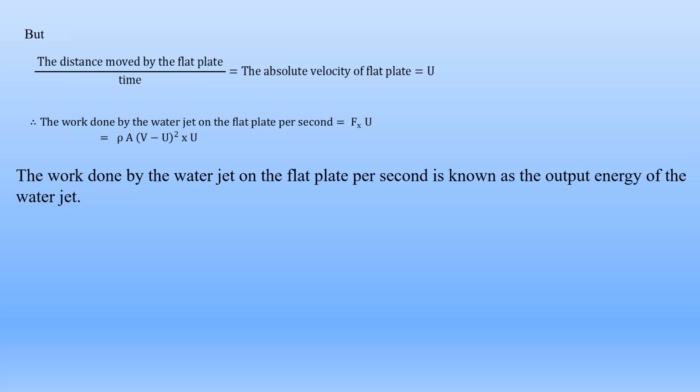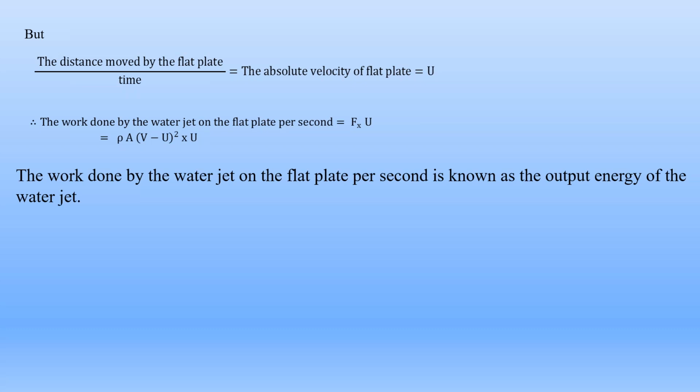Since the water jet is coming out from the end of the nozzle with a large velocity, at the end of the nozzle the water jet has kinetic energy. You know that a moving body has kinetic energy, which is the equation of kinetic energy: the moving body has the kinetic energy of mv square.